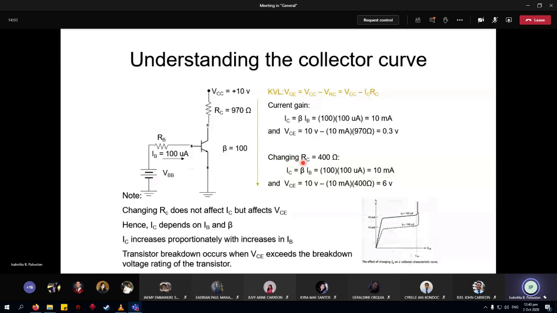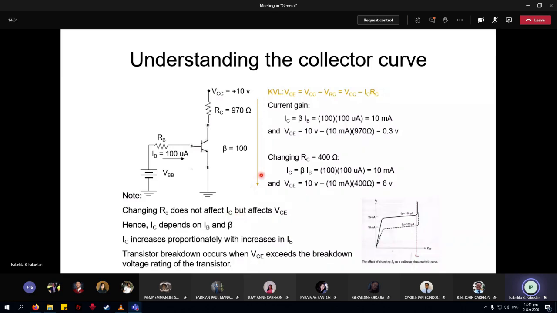Kasi wala naman tayong pwedeng gamitin pang ibang formula kundi yung IC is equal to beta IB. So your computation here for your assignment using the 970 ohms will still give you 10 milliamperes when you use 400 ohms for IC. So what does that mean? So changing the RC does not affect IC.